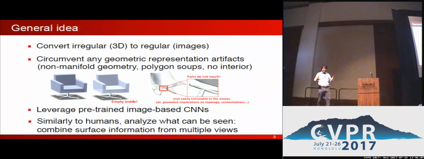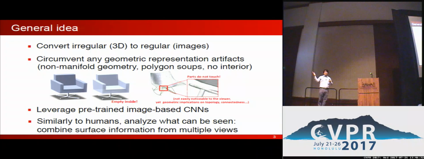So the view-based representations try to circumvent this problem by converting essentially these geometric data structures, polygon meshes, point clouds, to images. And also a good thing about doing this conversion is that a polygon mesh is a set of vertices connected with edges that form polygons. Every vertex can have a different number of neighbors, every face can have a different number of neighbors.